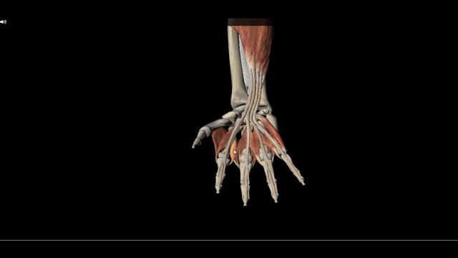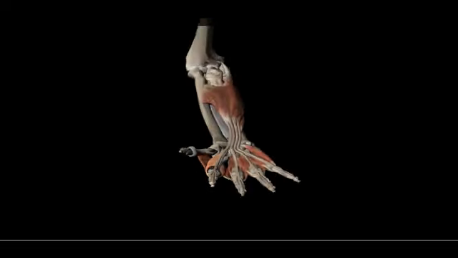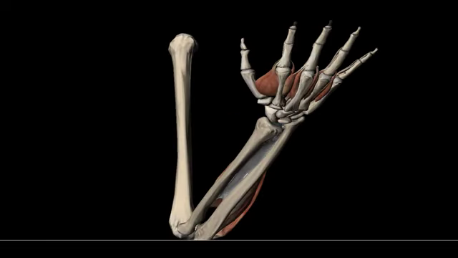And remember, our lumbricals and our interossei were responsible for some of those extensor moments for the distal joints, but they are responsible for finger flexion at the metacarpal phalangeal joint.